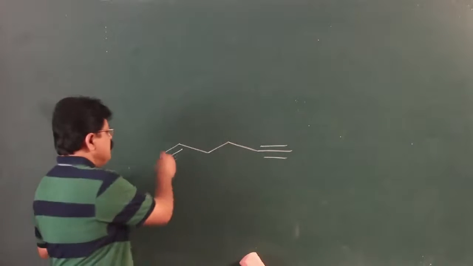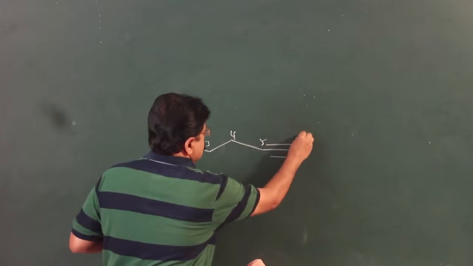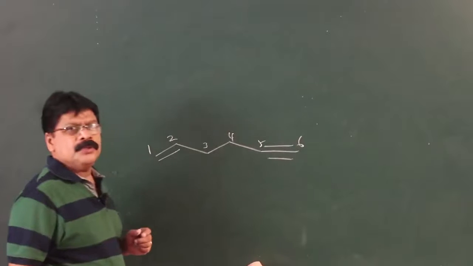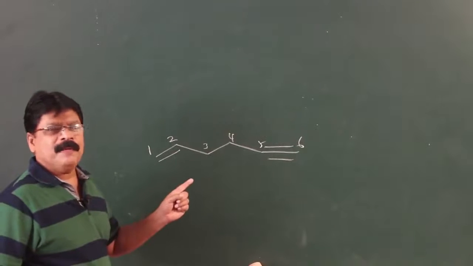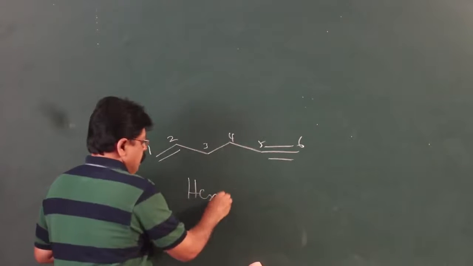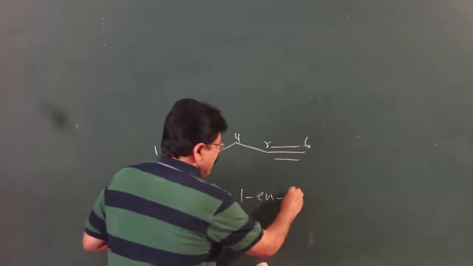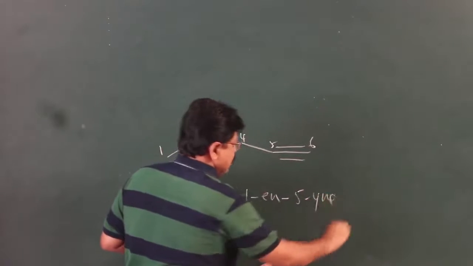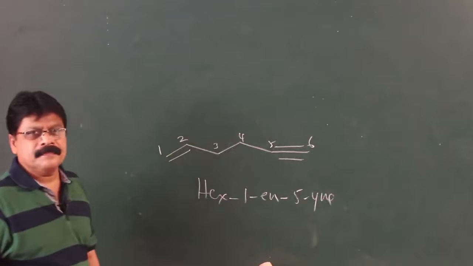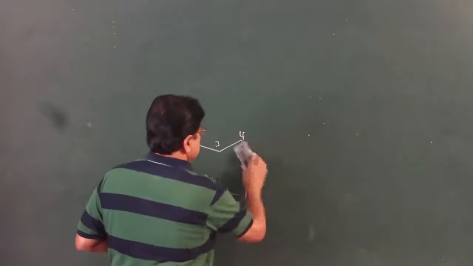E. So, we start putting numbers like this. So, this compound will be a hex which has an ene, and at 5 it has an yne. So, this is another interesting example.